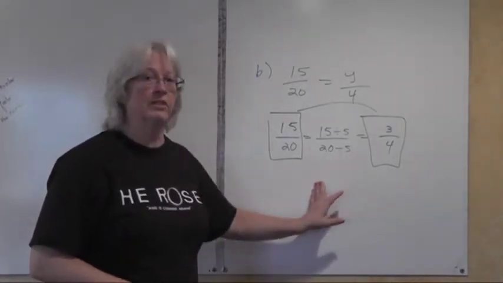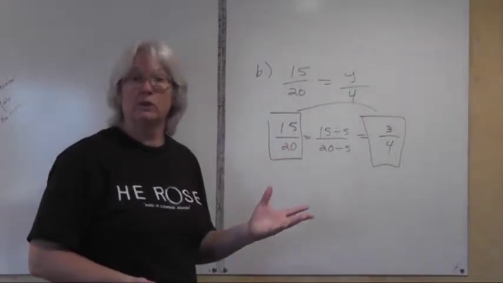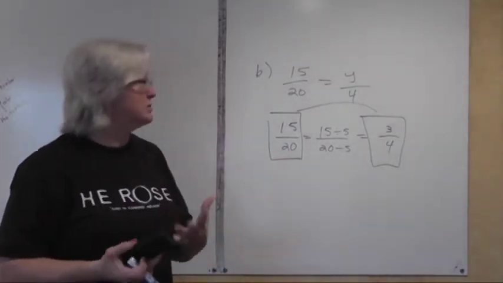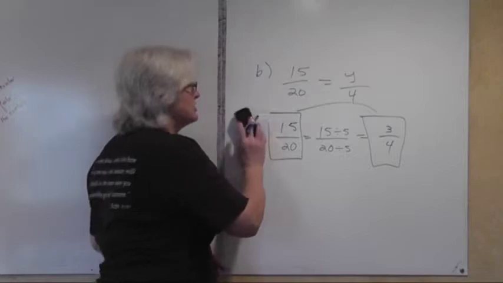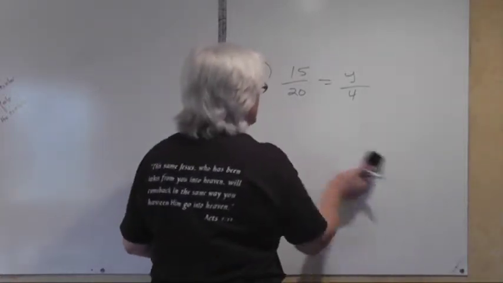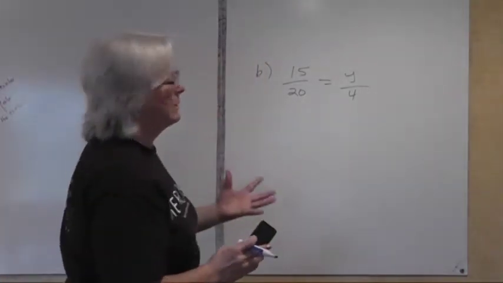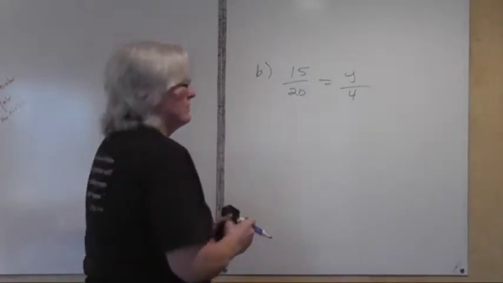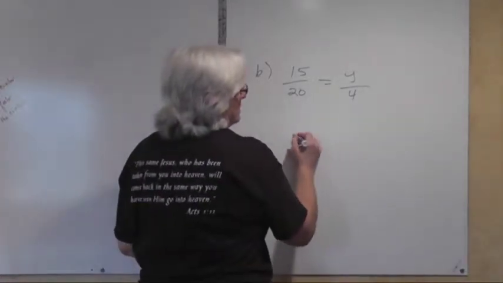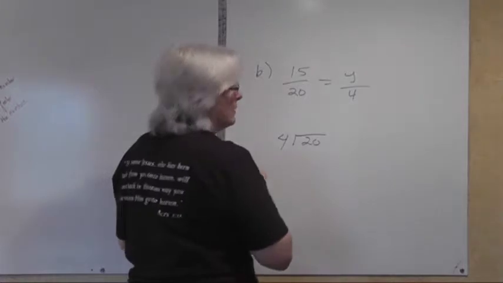Now, this is an illustration of how you have to know your math facts. Multiplication and division makes your job so much easier. But let's say, okay, I don't know what I have to divide by. Well, you can always think 20 divided by 4 is going to give me what?